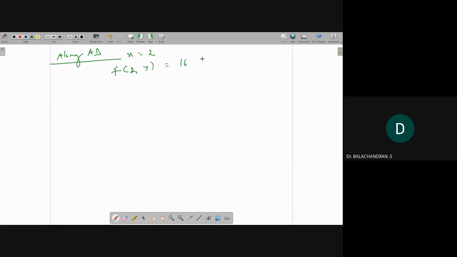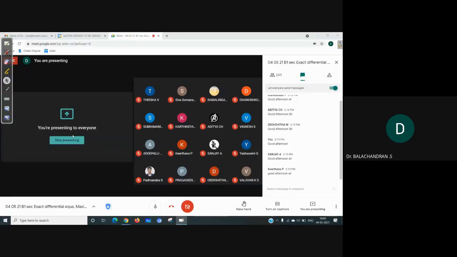Please check it. 16 plus 9y square minus 16 minus 12y plus 4. So I got 9y square minus 12y plus 4. I will consider this as some function g of y. What is your answer?